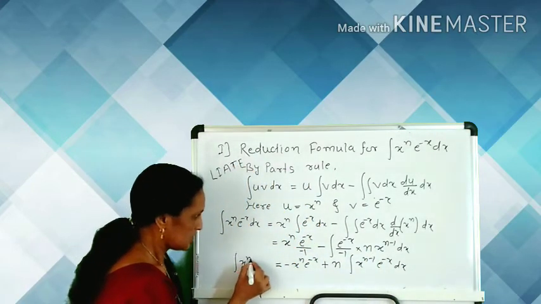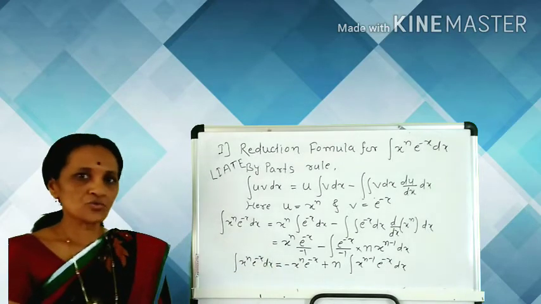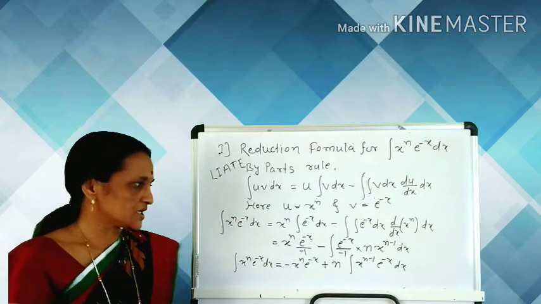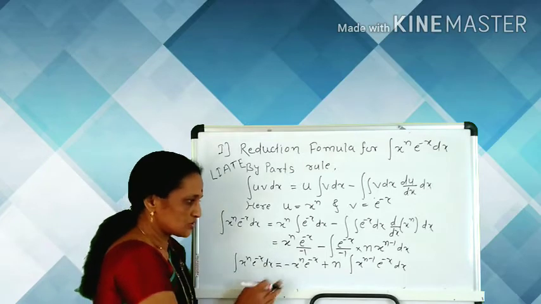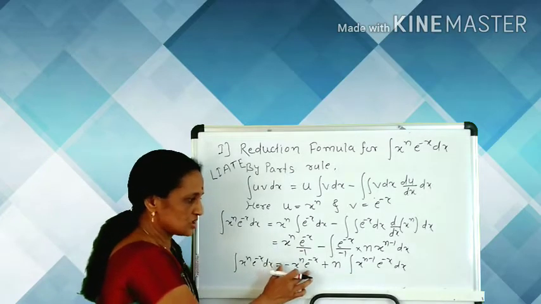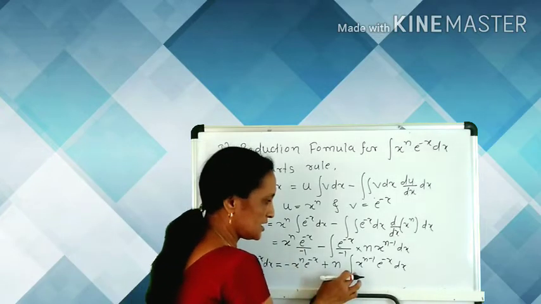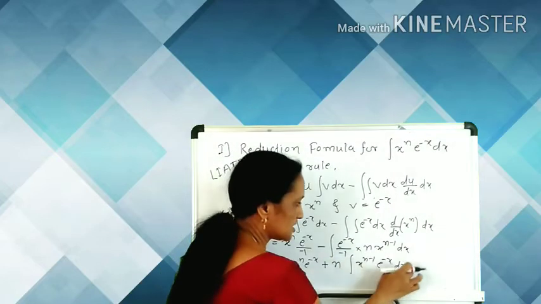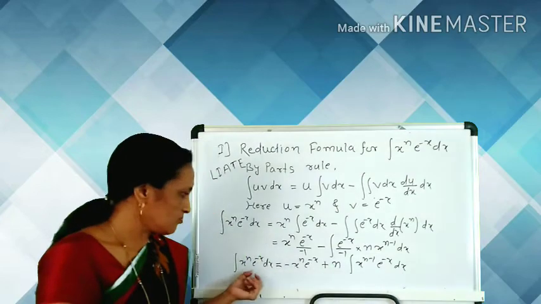Here we integrate x raised to the n e raised to minus x using the parts rule for the integration, and we find this is equal to minus x raised to the n e raised to minus x plus n, and in this integral the e raised to minus x is the same.